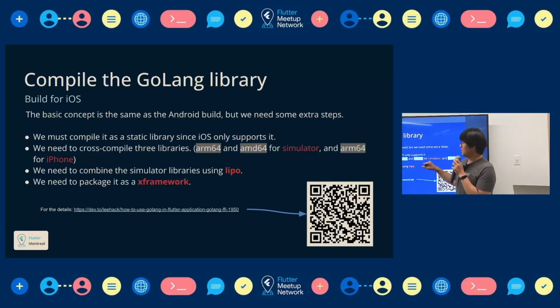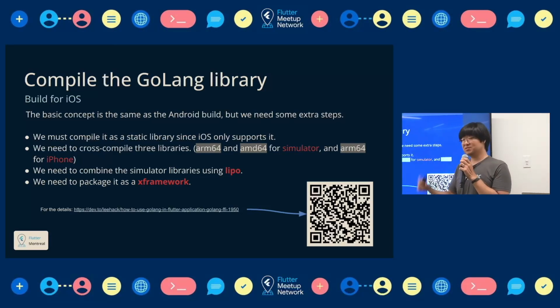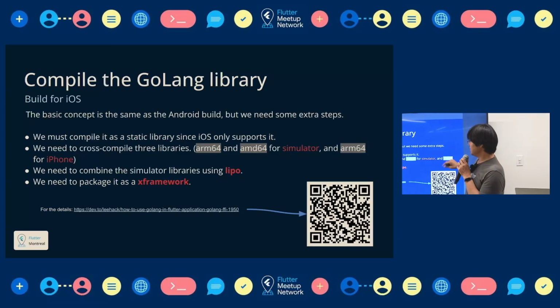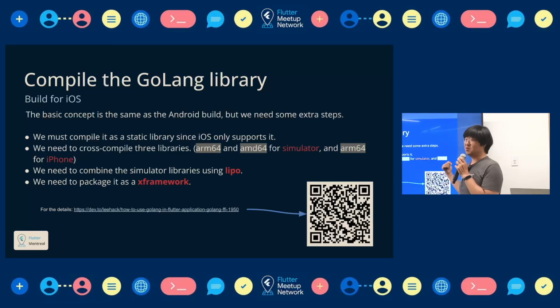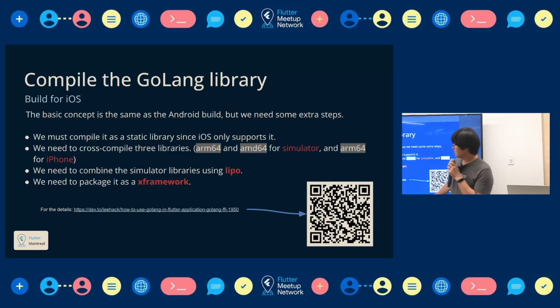And then you need to compile more platforms: AMD64 for the simulator, if you want to use it in your simulator, right? And then ARM64 for actual iPhone devices. Same thing, I don't build for x86 because there's no device running on x86 anymore for the iPhone.